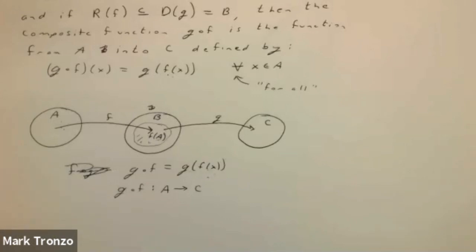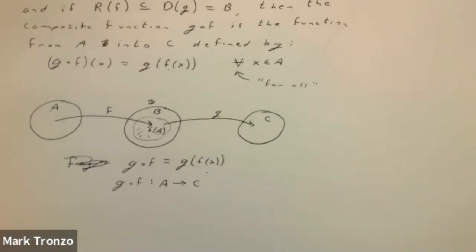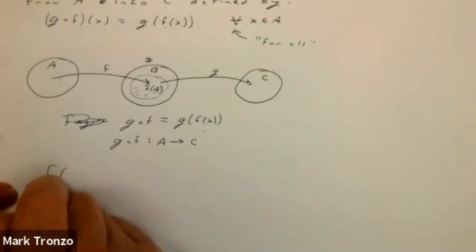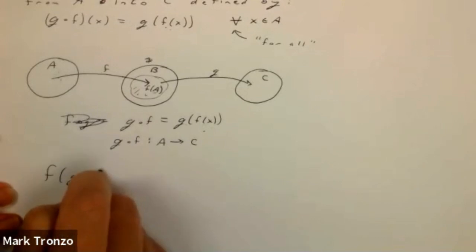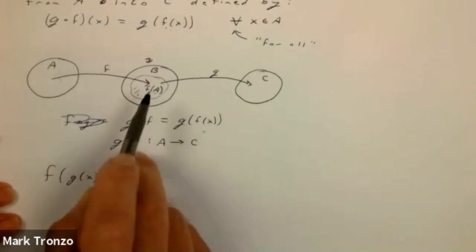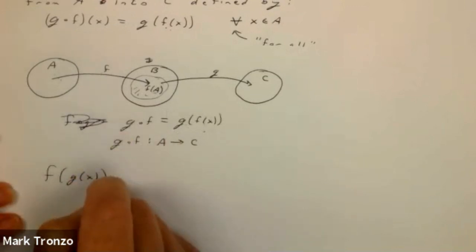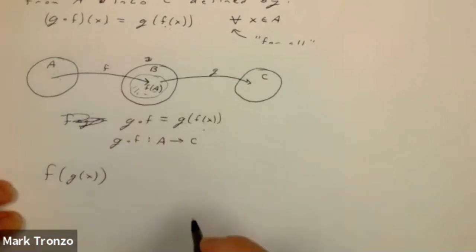If you do f of g of x, you're starting with the x value for g, which is in B, and then that maps into C, which is then f of C. So you're right, that's a good point.